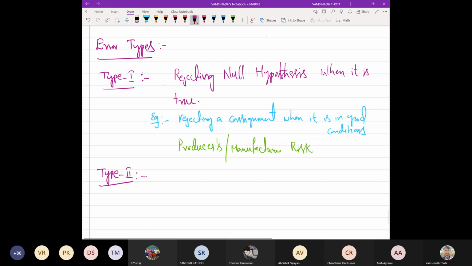Now, type 2 means accepting the null hypothesis when it is false.